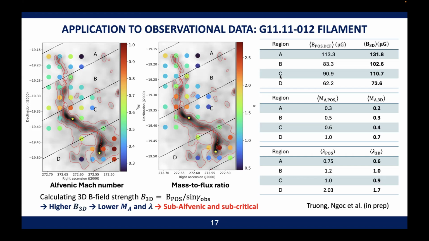I calculate the inclination angle from that, and based on that I calculate the plane of sky field using the DCF method, and then divide it by the inclination angle that we found, so that we can get the 3D value. This is the way we calculate for each pixel. For regions A, B, C that I summarize here, it is just the average value that we get from each region.